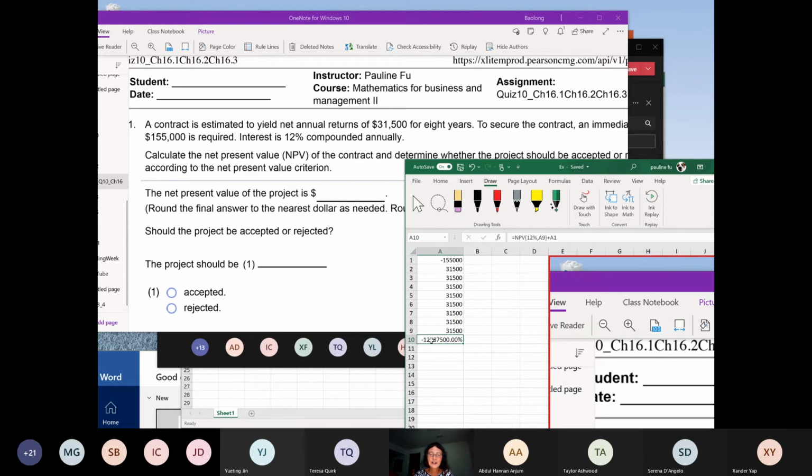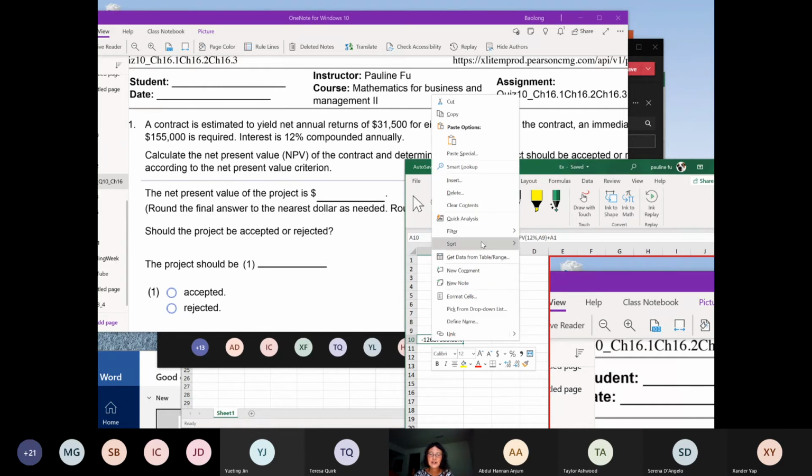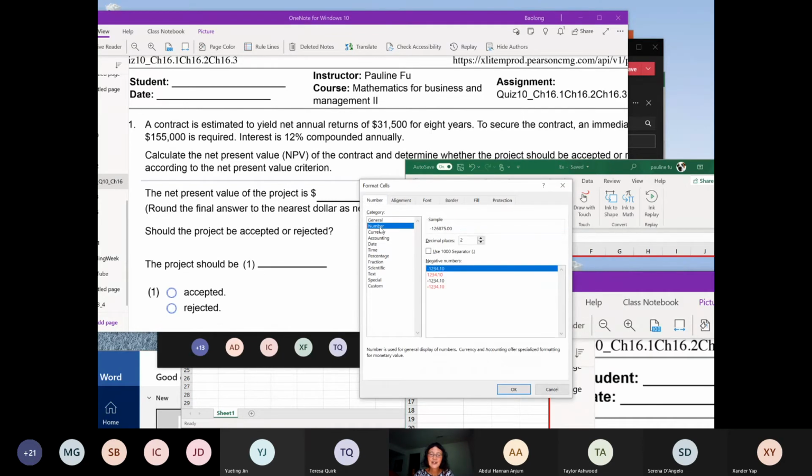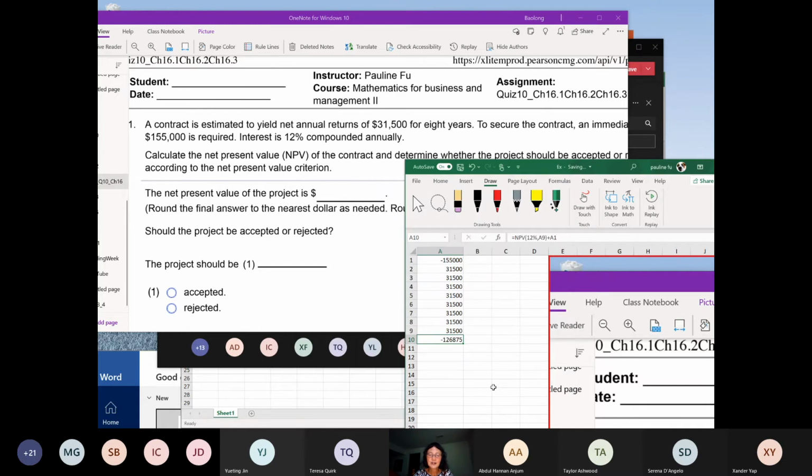And this is percentage. Because it is net present value, you don't need percentage. So you need to quick format cells. It is number. How many decimals do we need depends on the requirement. Round the final answer to nearest dollar. So 0 decimal places. So read instruction carefully, okay? To the nearest dollar.